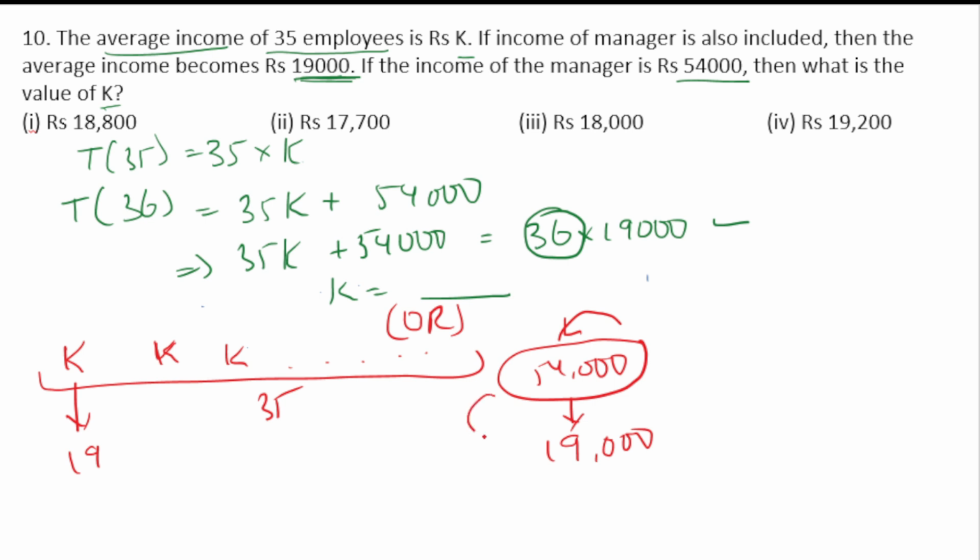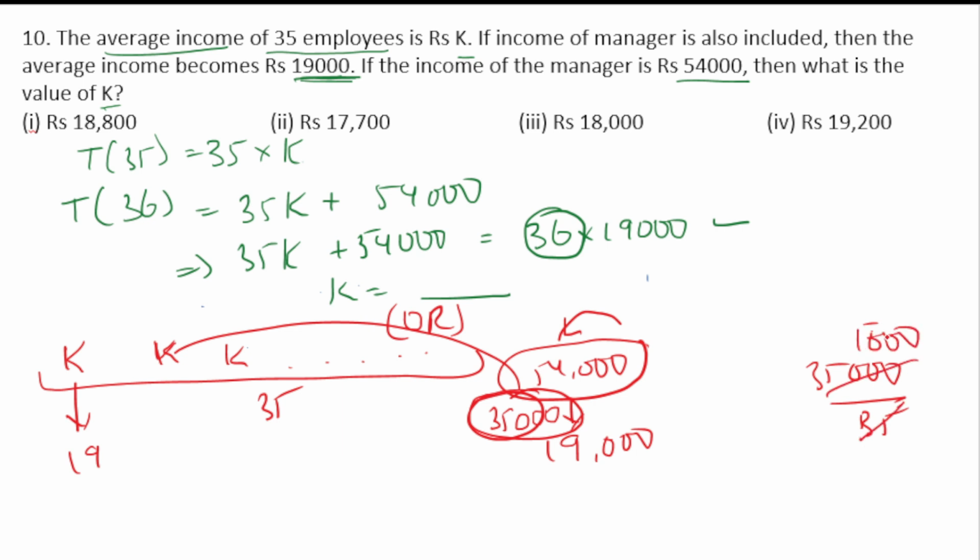And what is the remaining money here? 54 minus 19, it is 35,000. So when the manager's income is added, it became 19,000 and the remaining 35,000 has been given to all the 35 employees. So 35,000 divided by 35 is 1,000. So 1,000 rupees is given to each of the 35 employees.